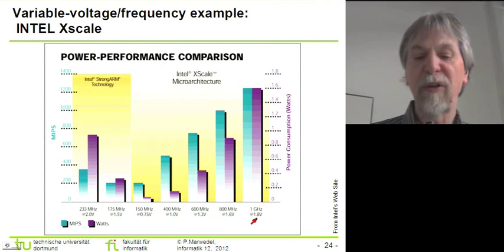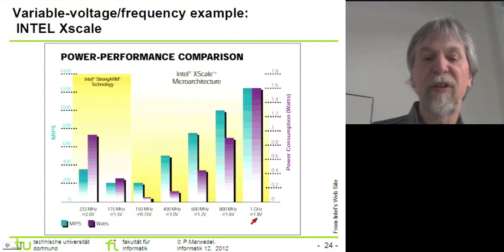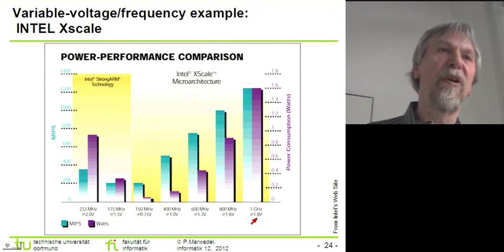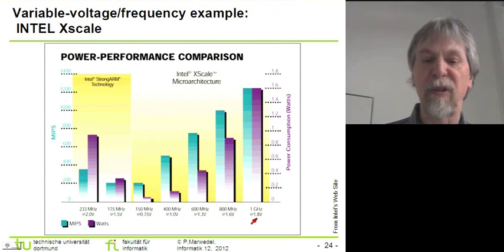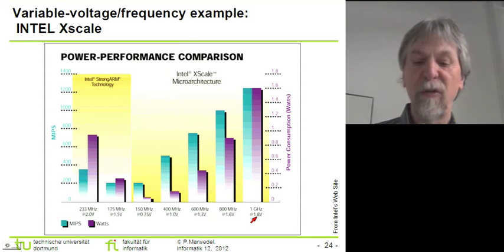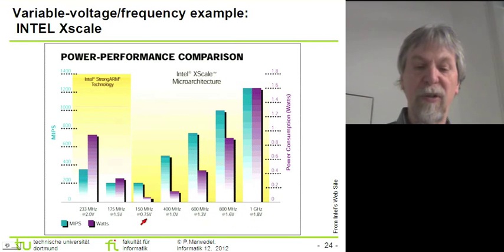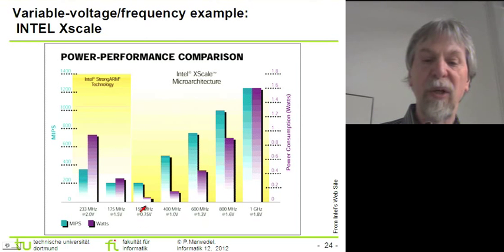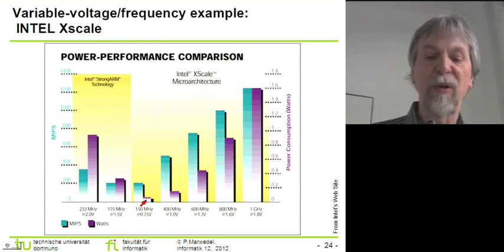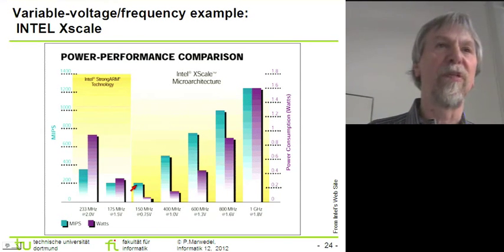So for example, this is a slide that I borrowed from Intel, which tells us that by reducing the voltage, we can indeed reduce the power consumption. So for these X-scale processors, we see that if we reduce the voltage from 1.8 volts to 0.75 volts, we are able to reduce the power consumption significantly, while maintaining still a reasonable performance of the chips.